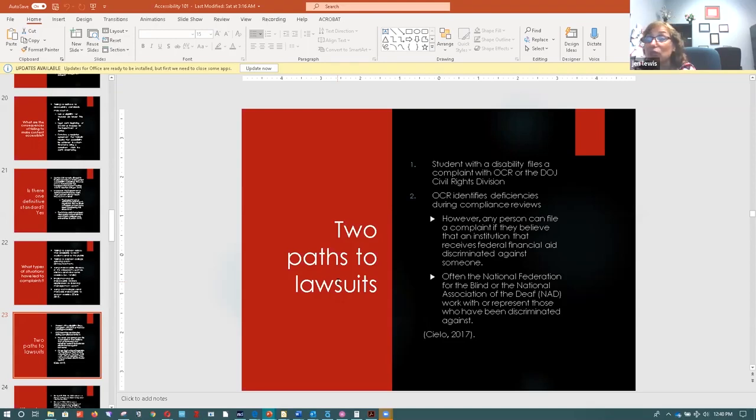So two paths to a lawsuit. A student with a disability can file a complaint with the Office of Civil Rights or the Department of Justice Civil Rights Division, or OCR by themselves can find, for whatever reason, go to your site and look up stuff and see that it's not accessible and let you know.